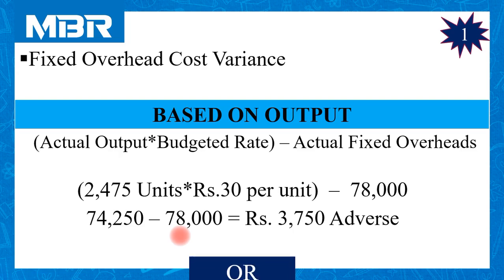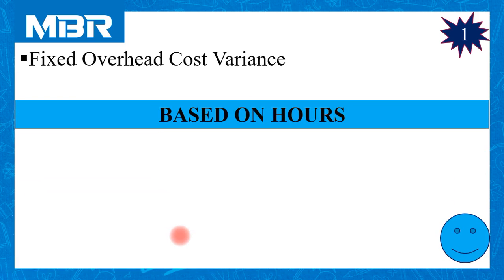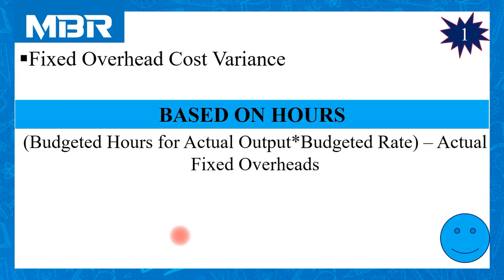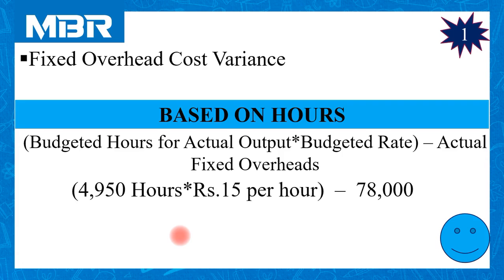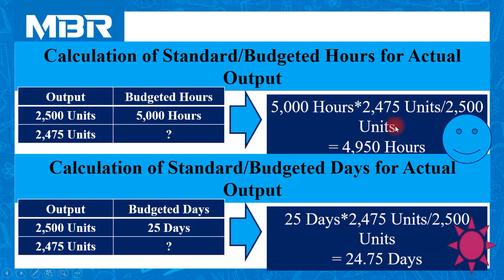So here we have paid rupees 3,750 more, so it is adverse. Second option of calculation is based on hours. Budgeted hours for actual output multiplied by budgeted rate minus actual fixed overheads. We have completed the calculation of budgeted hours for actual output, 4,950 over here.